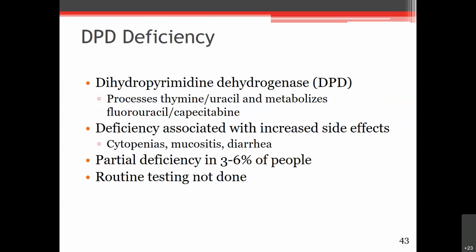I did want to touch on DPD deficiency, which is important with fluorouracil and capecitabine. So patients with this deficiency have increased side effects such as cytopenias, worse mucositis, and significant diarrhea. 3 to 6% of people do have a deficiency, but routine testing is not generally done.